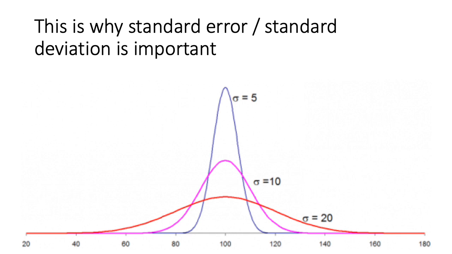Now, I'm not asking you to change how you draw your normal curve. That's just too difficult. I just want you to know, oh, when my standard error is 70, I have a very flat normal curve. All of these are normal curves. As the standard deviation increases, your normal curve gets flatter and flatter.